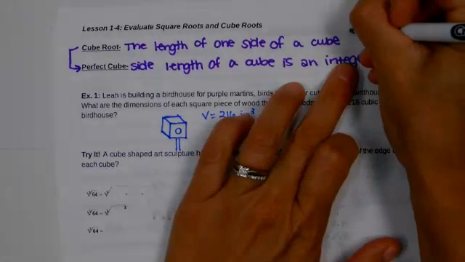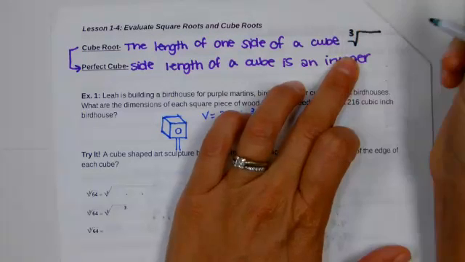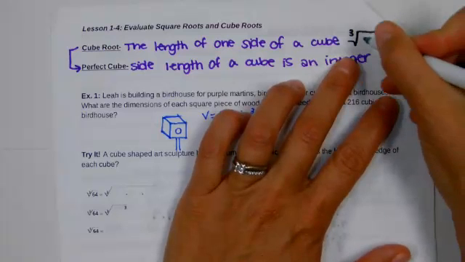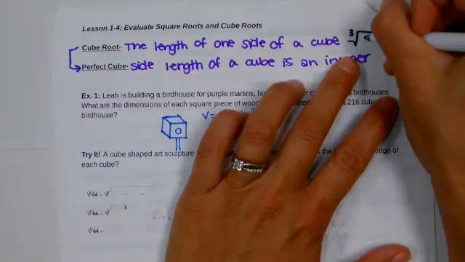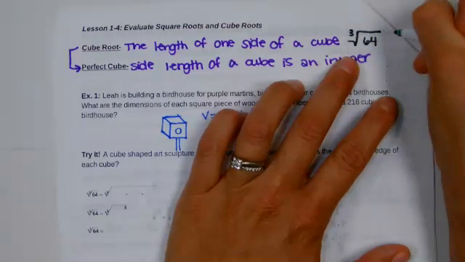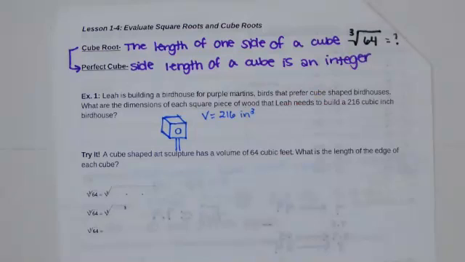We're going to have a little 3 on the outside of our radical sign, and then you will have the volume on the inside of that. So maybe the volume is 64, and you are trying to figure out then the side length of that cube if the volume is 64, whatever units cubed.